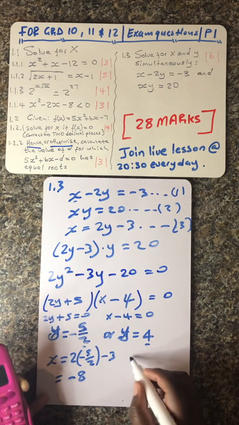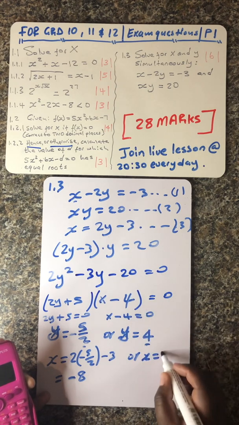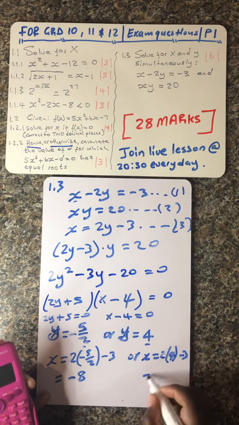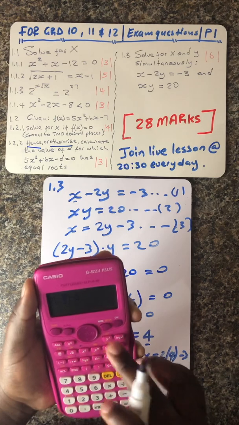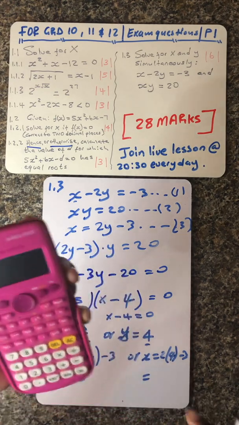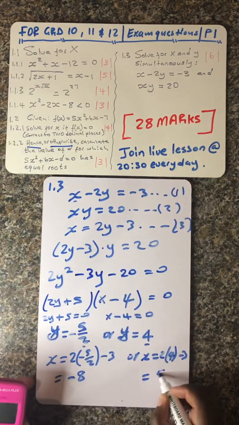Okay, let's see, x is equal to 2 into 4 minus 3. So x is equal to, let's see, just delete that fraction button, delete the whole of that, then you substitute with 4 in place of y, then we get 5.